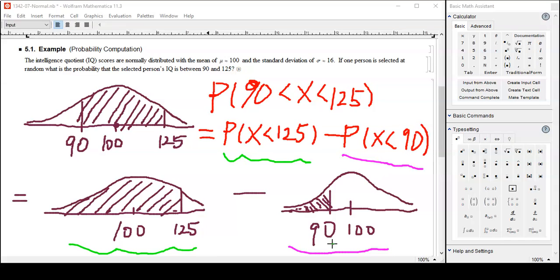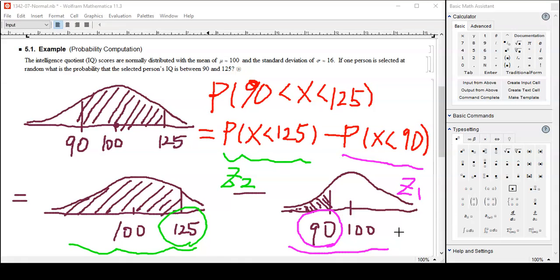And this one is associated to this end of 90, so that'll give me appropriate z-score. And this one is associated to this 125, that's the end, so that'll give me appropriate z-score too. So associated z-score, and then associated z-score.